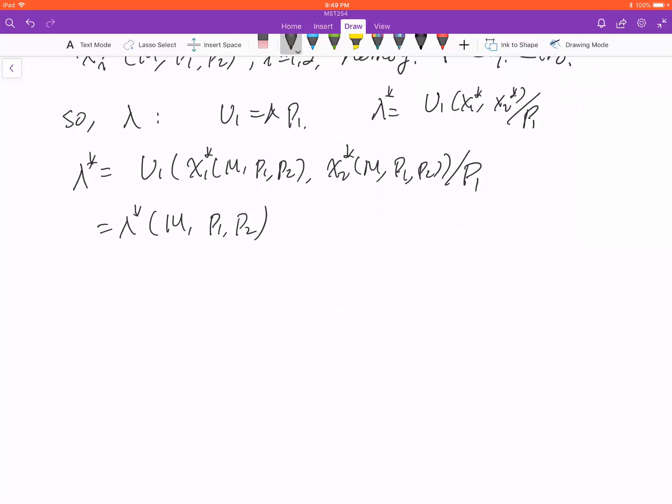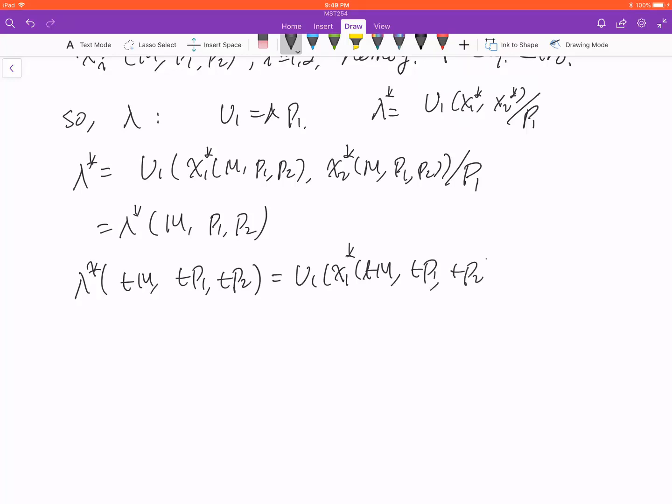So now let's rescale. So let's look at lambda star of tm, tp1, tp2. We plug in, that would be u1 of x1 star and x2 star, each at tm, tp1, tp2.